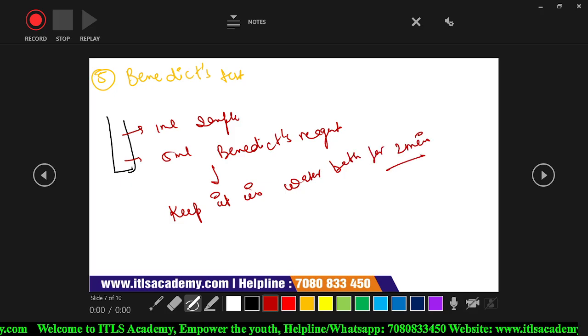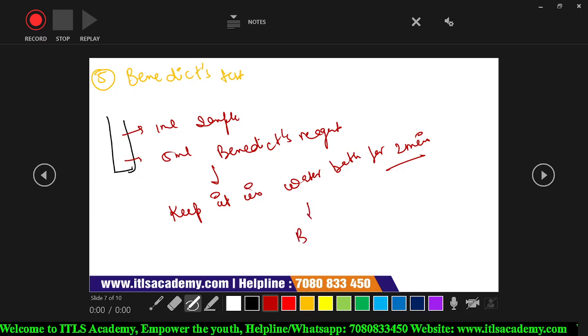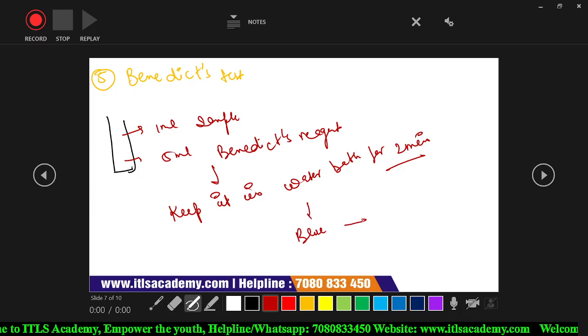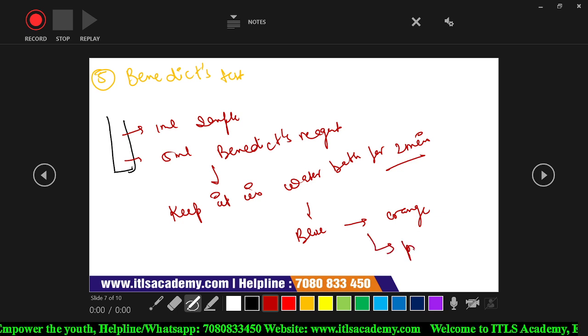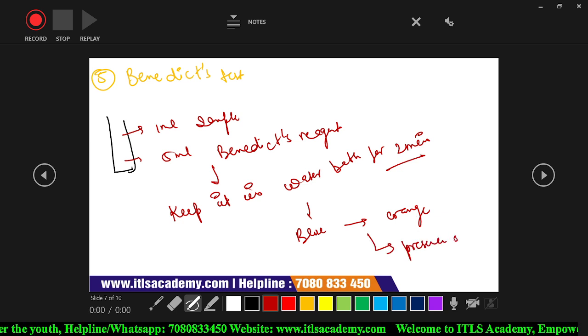Then after that, we will observe that blue color changes into the orange color, which indicates the presence of reducing sugar.